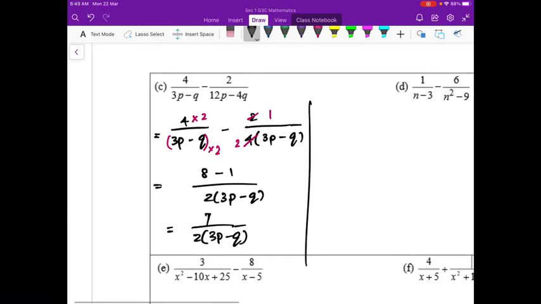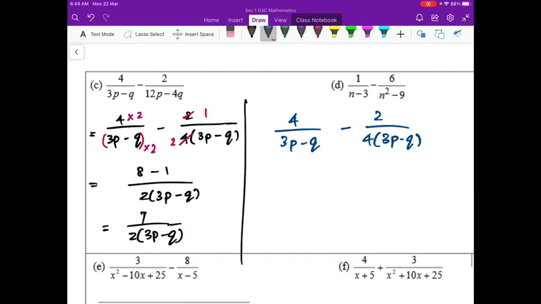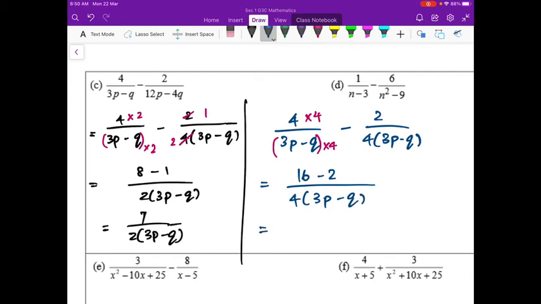Okay? So, in blue, we have our 4 over 3p minus q minus 2 over 4 times 3p minus q. So in this case, if I multiply this by 4 and I multiply this by 4, what are we going to get? 16 minus 2 over 4 times 3p minus q. 14 over 4 times 3p minus q.